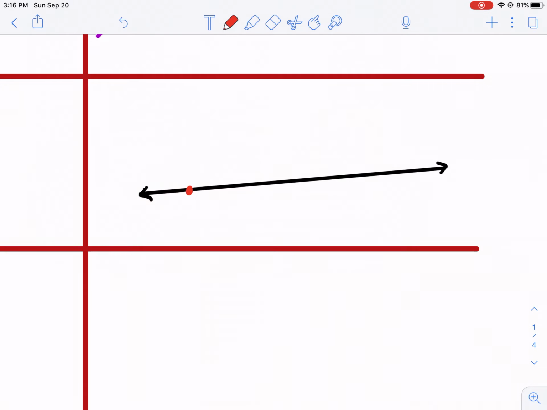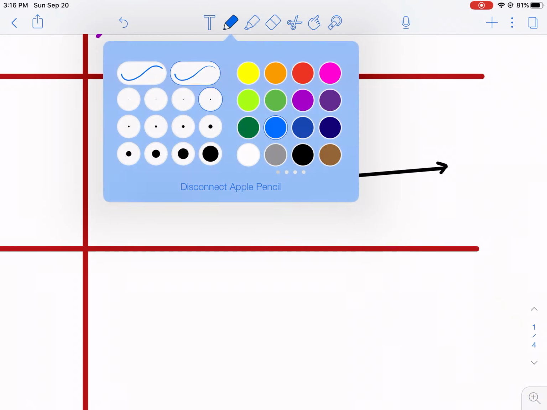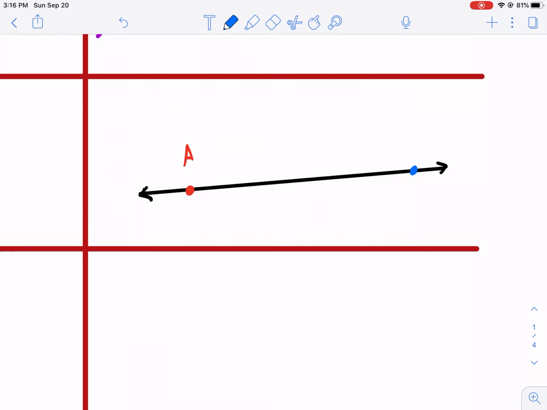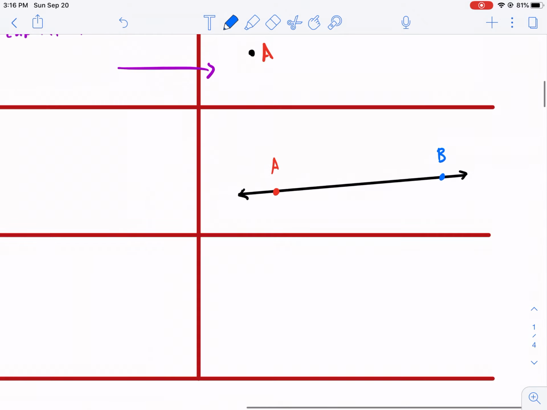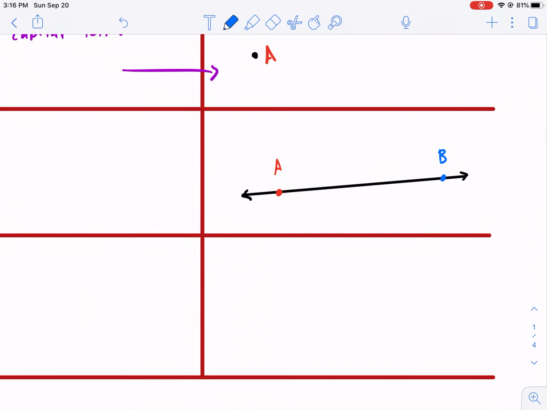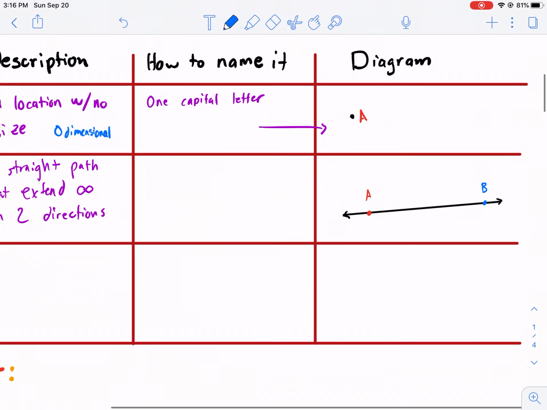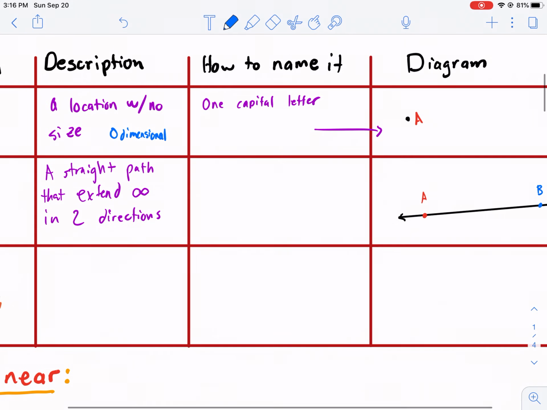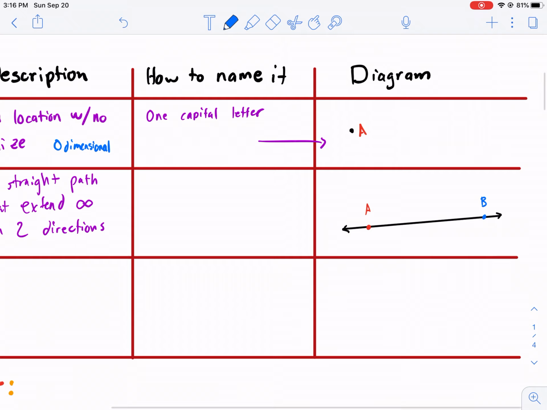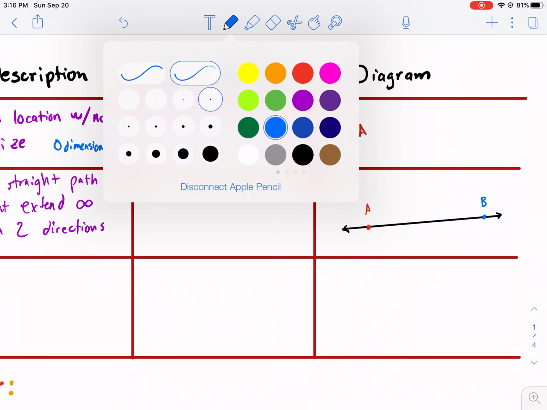Now, how do we label it? Usually we need to have 2 points on here. So, for example, if we have a point A and then the second point B, then there has to be points on a line. In order for there to be a line, it's composed of an infinite number of points. So there are 2 points on a line, and we can use 2 of them to label it. Or we can use a lowercase letter.